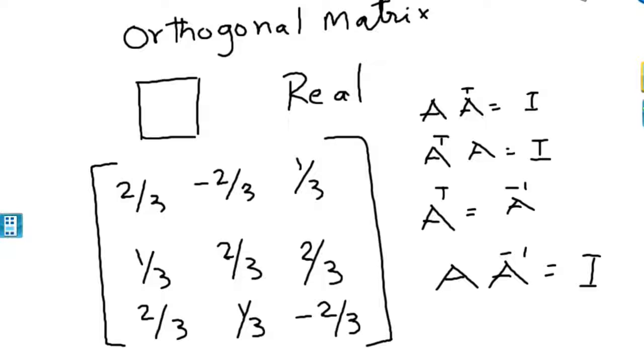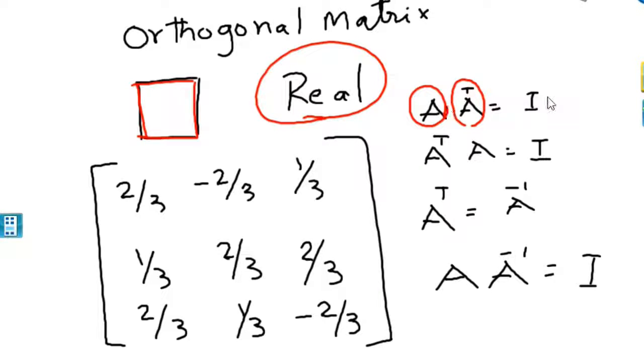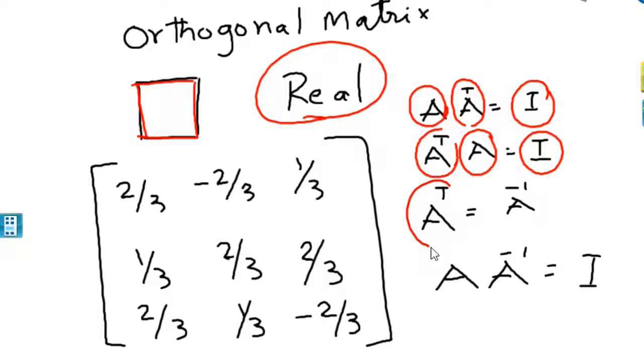Orthogonal matrix. An orthogonal matrix is a square matrix with all real entries whose transpose when multiplied by the matrix yields an identity matrix, or in other words its transpose is equal to the inverse of the matrix.